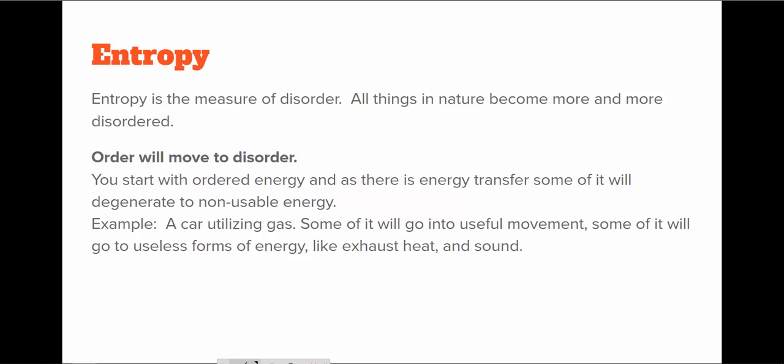So, what this is saying here is entropy is a measure of disorder. And because heat transfers from hot objects to cold objects, entropy or disorder always increases, because we always lose some energy as waste heat. So think about it like this. If you had a cup of coffee, it's got a bunch of molecules in it running around. Let's say it's got 10 molecules moving around really fast.